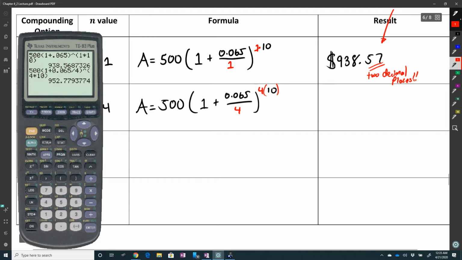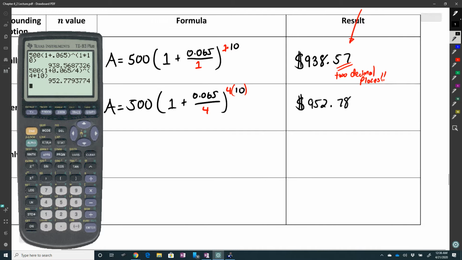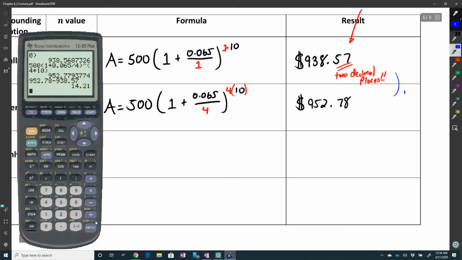And notice that gives me 952.77. So if you have your money updated every season, 4 seasons per year, then instead of getting $938 after 10 years, you'll get $952. And notice that's pretty good. You can subtract the two, 952.78 minus 938.57. That's about plus $14.